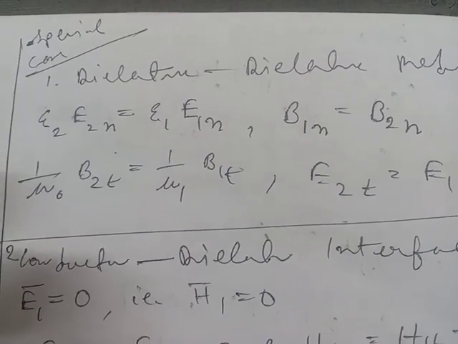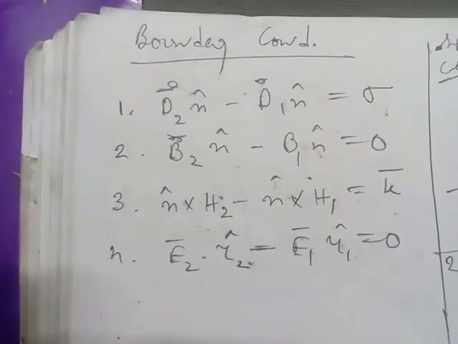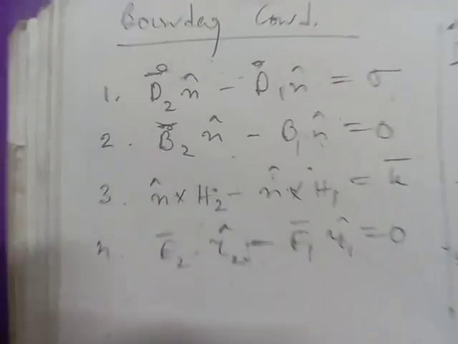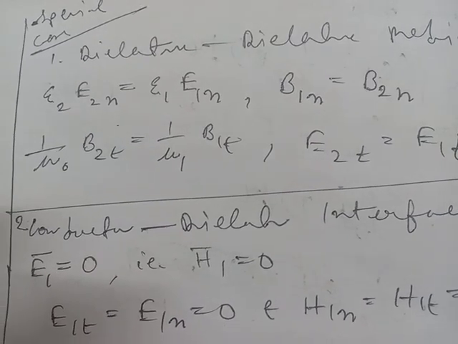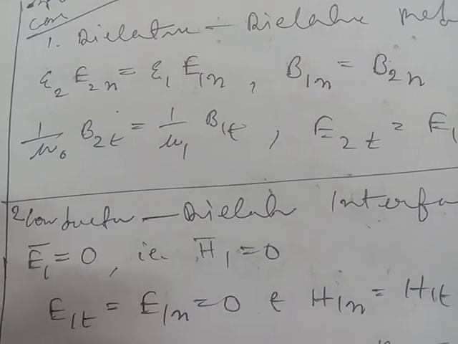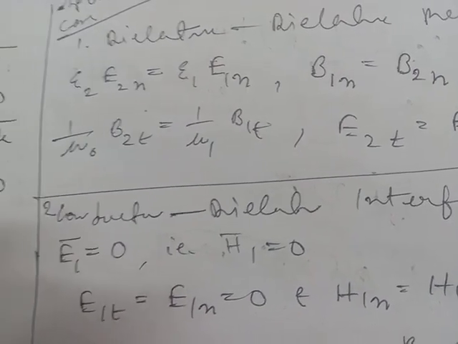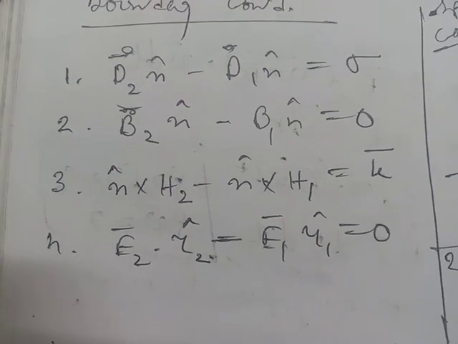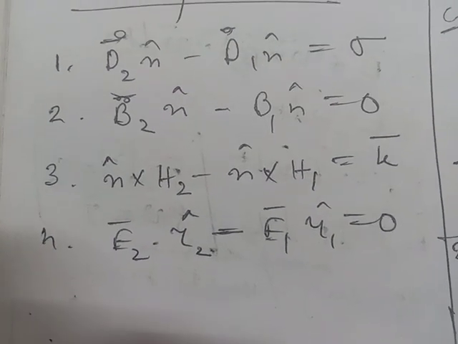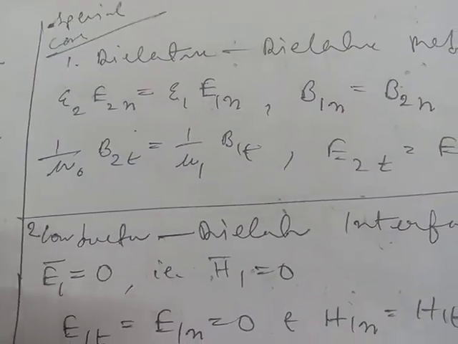And the normal component of the magnetic field is constant, and it was also constant there. The tangential component of the magnetic field is also constant, which was not the case in the previous case. We saw that there was K, a surface current, but in a dielectric there is no surface current because it cannot conduct electricity.